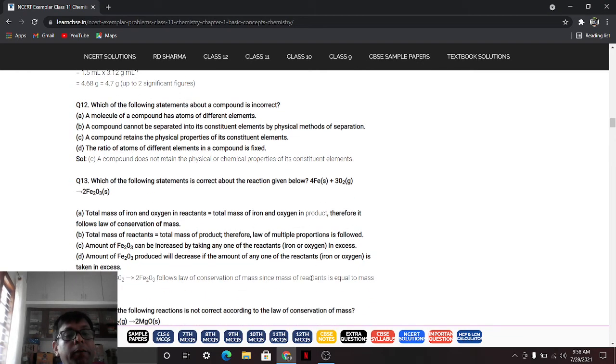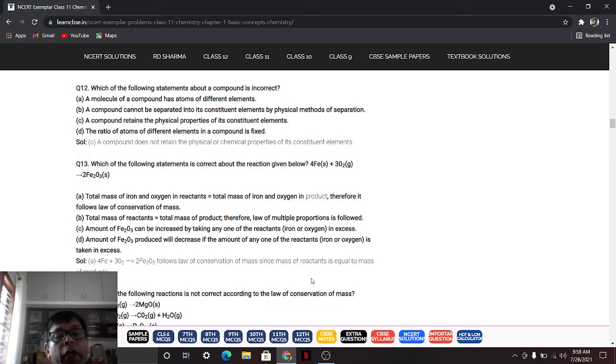Which of the following statements is correct about the reaction given below? 4Fe plus 3O2 gives 2Fe2O3. Solution A. Total mass of the iron and oxygen in reactants is equal to total mass of iron and oxygen in product. Therefore, it follows the law of conservation of mass.